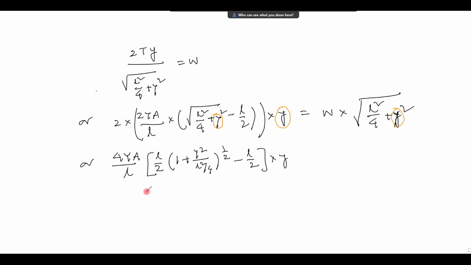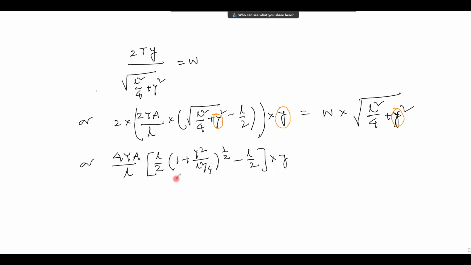See it once again. I have taken out L square by 4, so it has become L by 2. Inside I have got 1 plus y square by L square by 4 to the power half.